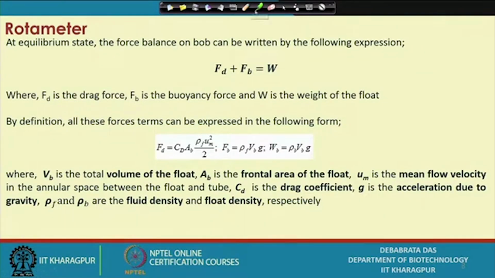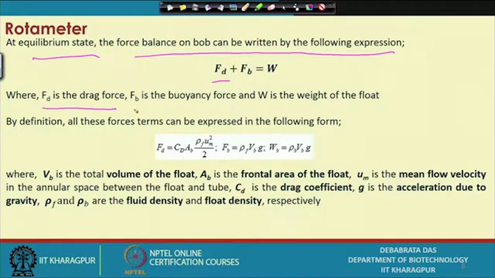Now, we are talking about the equilibrium state. The force balance on a bob is written in the following expression: Fd plus Fb equal to W. What is Fd? Fd is the drag force, Fb is the buoyancy force of the float, and W is the weight of the float. So this should be equal to this under equilibrium condition.